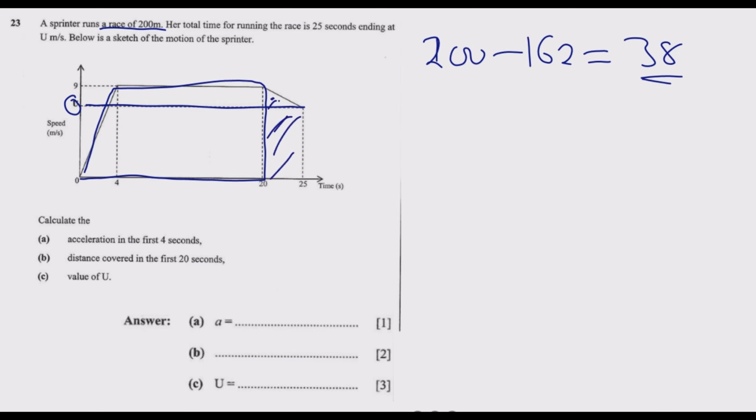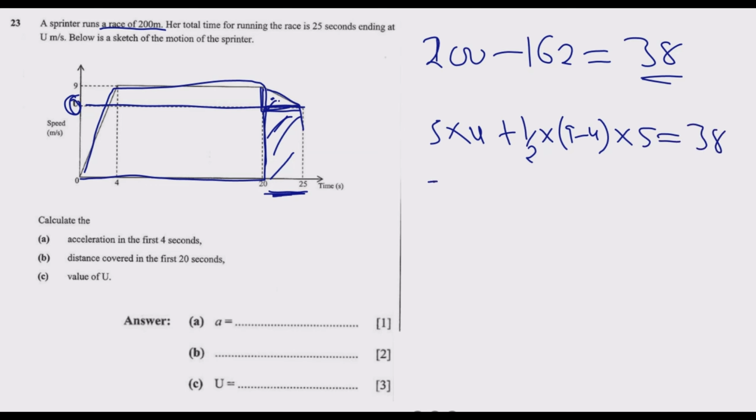So how can you find the area of that? The area is a summation of this triangle and this rectangle. This rectangle is 25 minus 20, which is 5, multiplied by the height, which is u. Then plus the area of this triangle, which is half, multiplied by 9 minus u, then multiplied by this distance, which is 25 minus 20, which is 5, and this should give us 38.